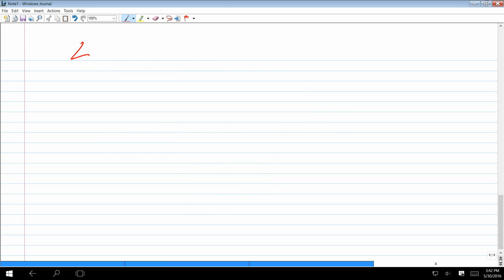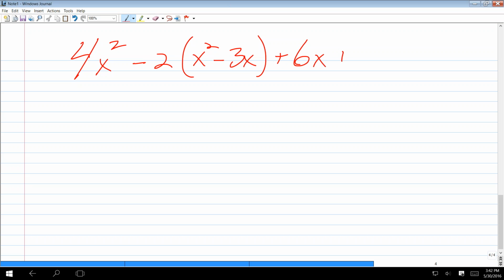Simplify this expression. And notice it's just an expression. It's not an equation. There's no equal signs. So you need to distribute the 2.